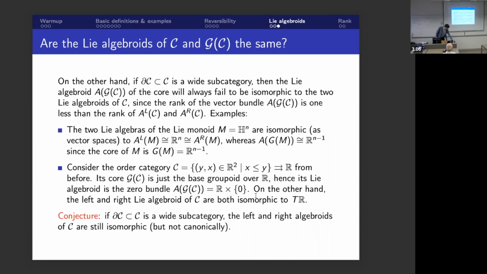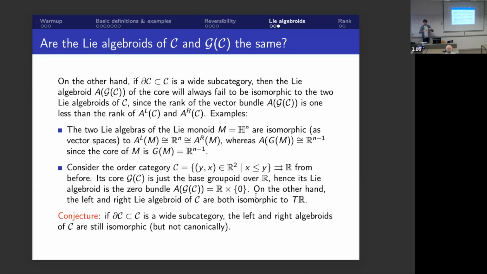Just one question. When you say wide subcategory, it means that the boundary is a subcategory and all of the units lie in the boundary. So it's basically a subcategory that has all of the objects.